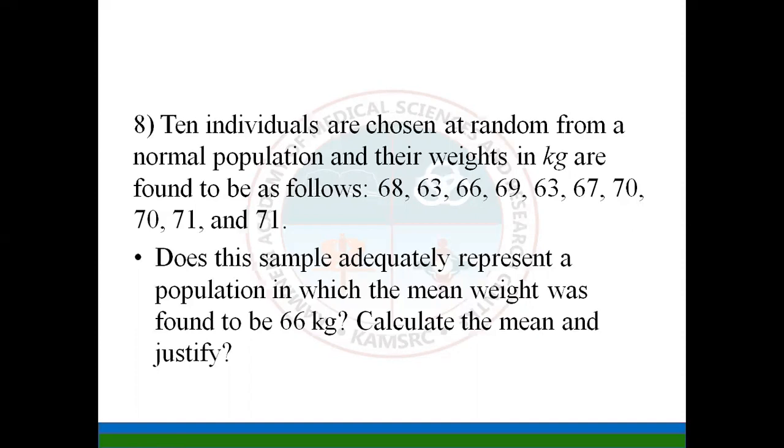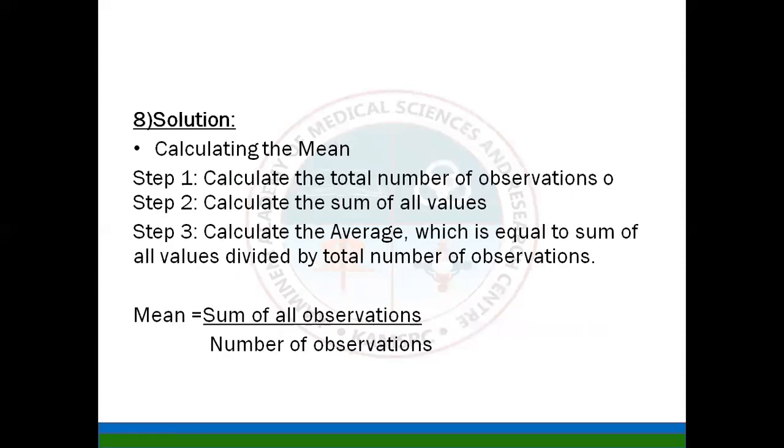If you remember, the formula for standard error of the mean is standard deviation divided by square root of n. So now we are going to calculate the mean and also the standard deviation and also the standard error of the mean. Then we would be knowing whether this sample represents the population mean.